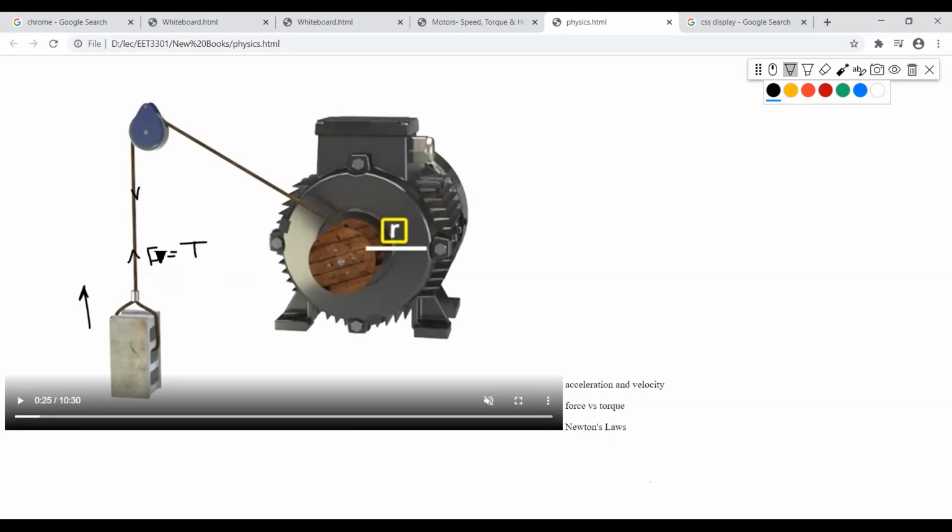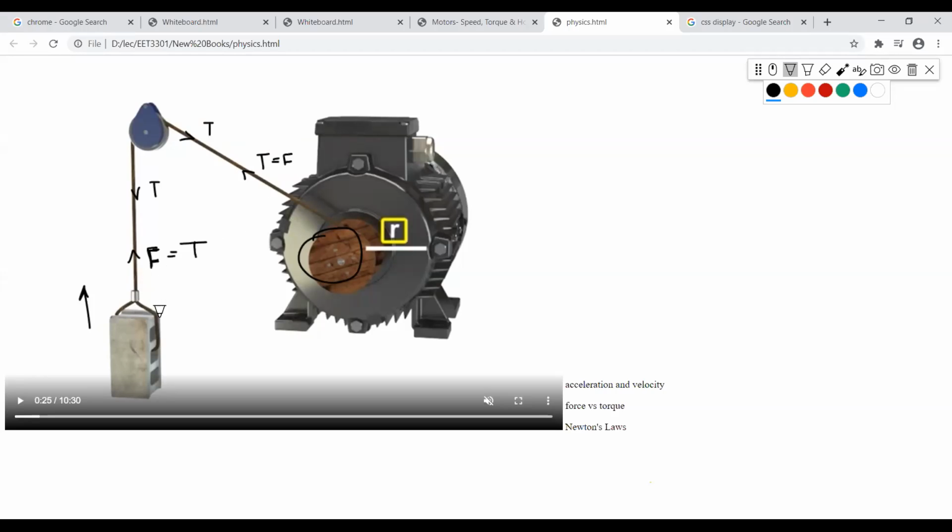I'm assuming that these are inelastic and lightweight threads, rope. The same tension would be applied here. Therefore, the force on this shaft here would be equal to the tension, which is again this load force.